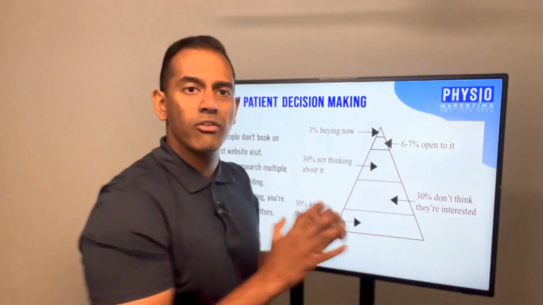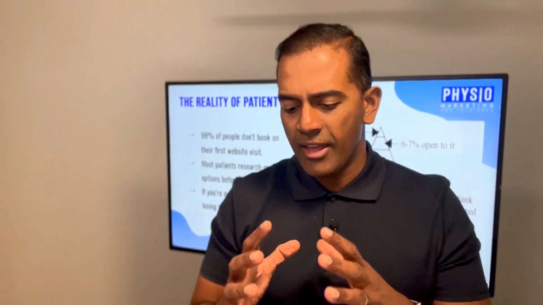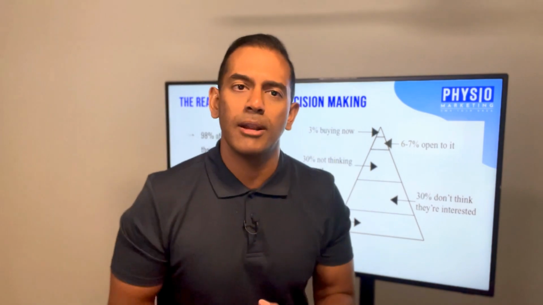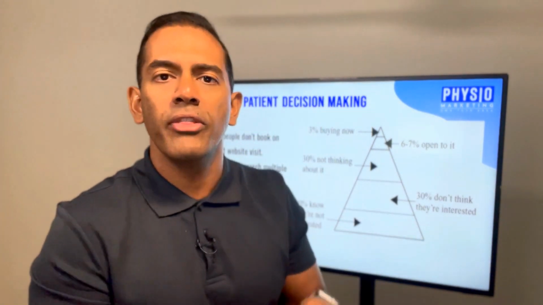They're looking to buy right now, meaning they're at a stage where they need a solution right now and they're looking for physio. That's 3%. Everyone else is not that. So the reason retargeting is important is for the people that are not the 3%, in other words, the 97% of people who don't book on their first visit to your website. That's the biggest thing.